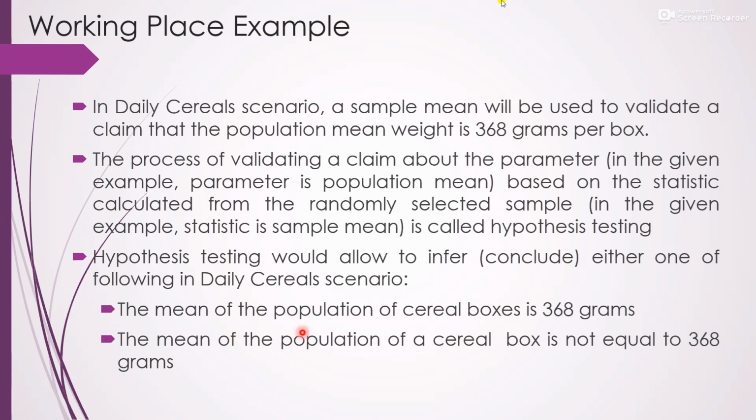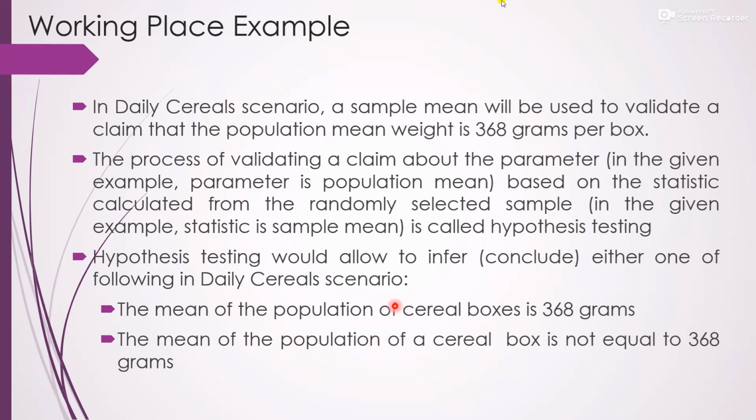When we are validating a claim about the population mean, either we can decide that the population mean is 368, or we can decide that the population mean of the cereal box is not 368.